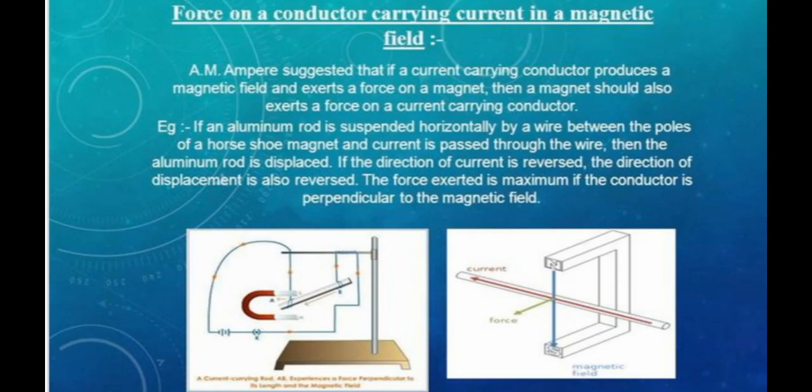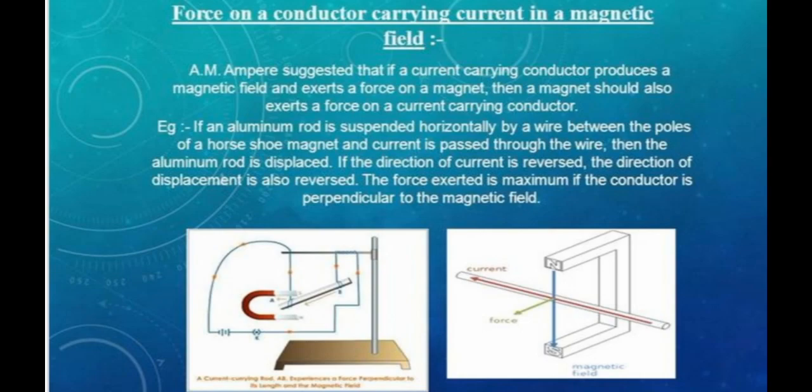The direction of force on a current carrying conductor placed in a magnetic field will be reversed. Means we can change the force on a conductor by reversing the direction of current or by reversing the direction of magnetic field. Means we can change the direction of the conductor by either reversing the current or by changing the magnetic field.